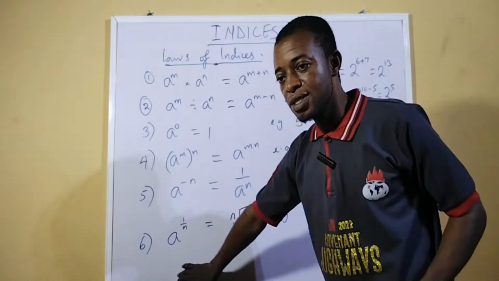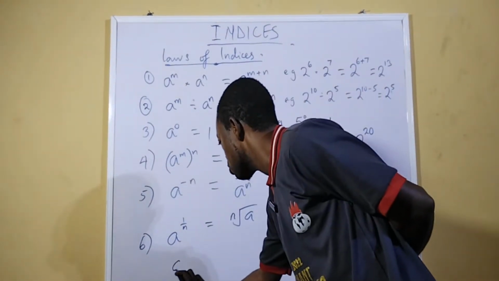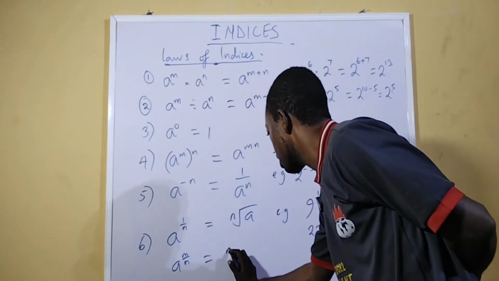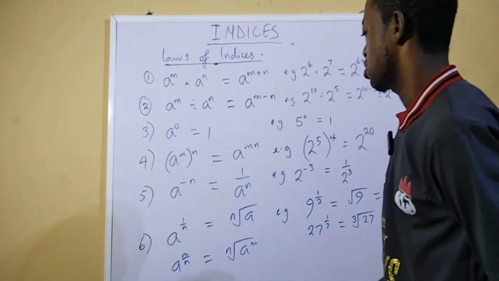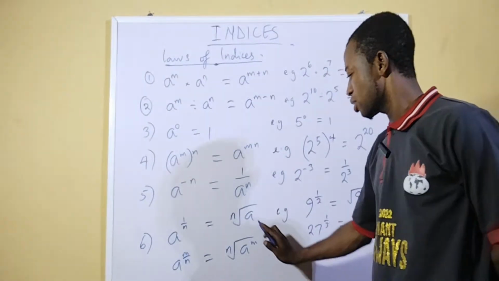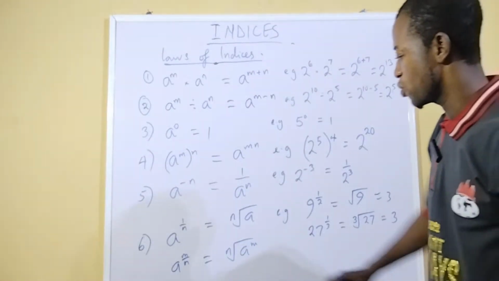And to generalize this particular number 6, we have also, when we have it like a raised to power m over n, this becomes nth root of a then raised to power m. So in this case as well, is as we having it as raised to power 1. But anything raised to power 1 is still that same thing. So that's why we have it like this.